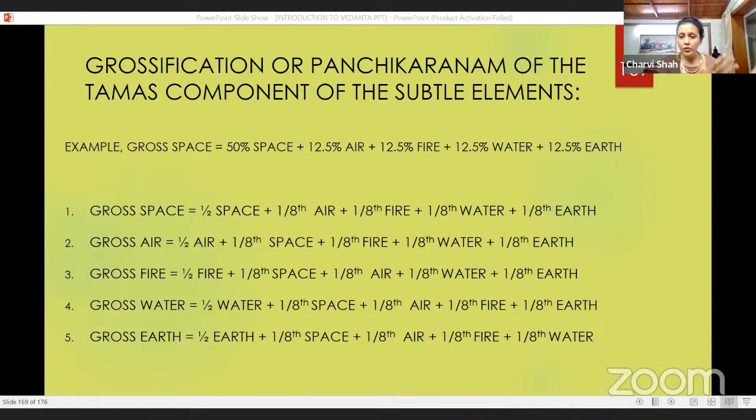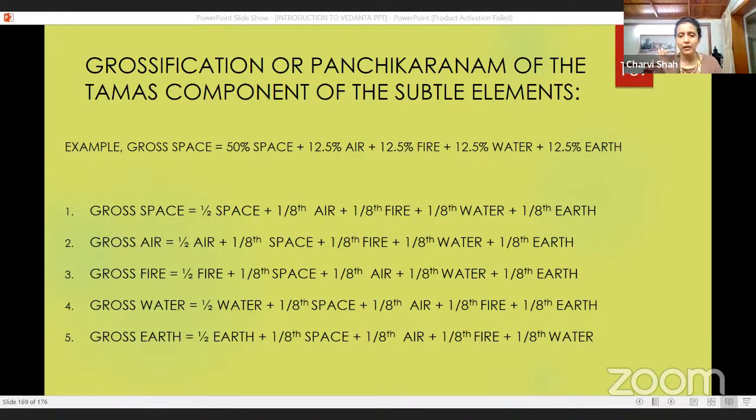So the earth which we can touch, which we can smell, which we can perceive through all 5 of our sense organs, that gross earth does not have only one element, Prithvi.